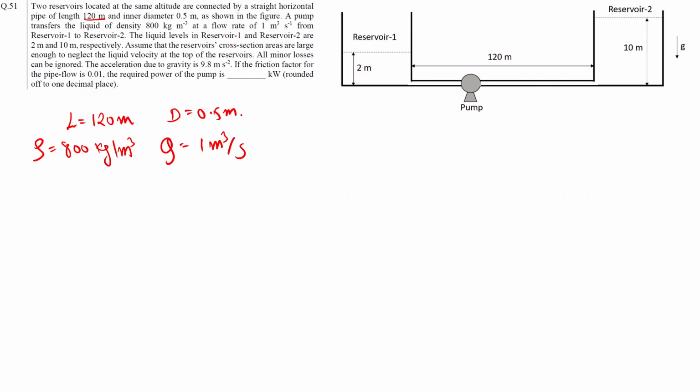Then we have been given the respective heights, that is, h1 is equal to 2 meter, h2 is equal to 10 meter. Let's just call it, this is reservoir 1, this is reservoir 2. Then gravitational acceleration is 9.8 meter per second square, and the friction factor F is 0.01.